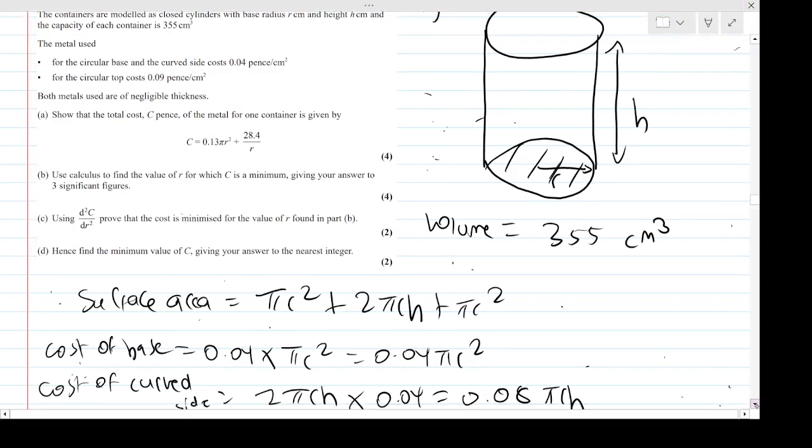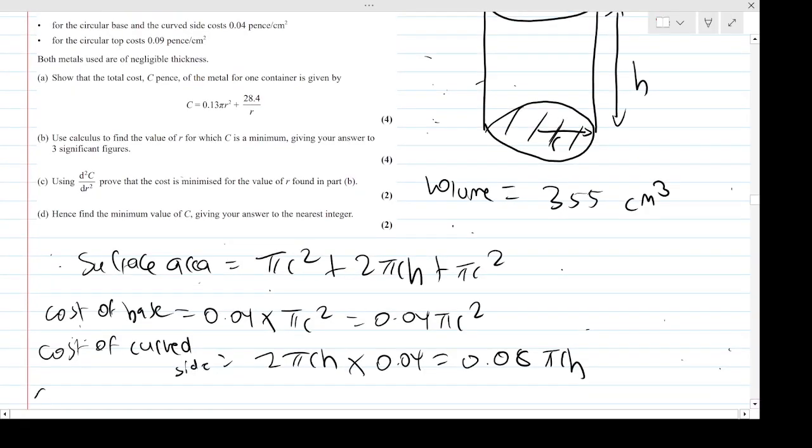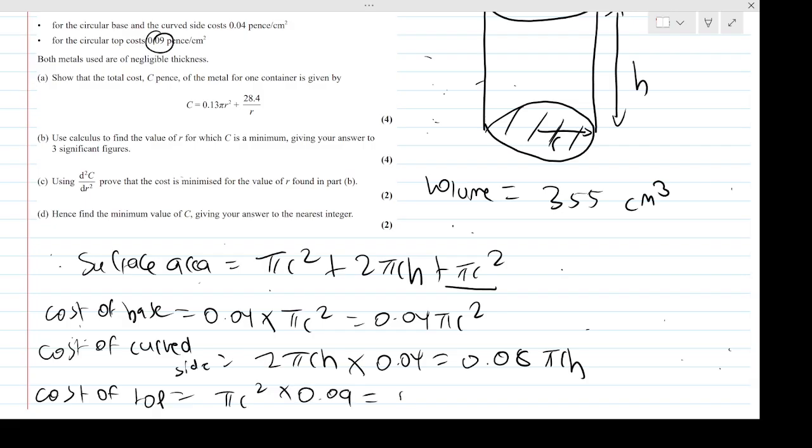So the total cost of the top: the top again has an area of pi r squared, but then the cost per area is 0.09. So we times that by 0.09 to get the total cost, 0.09 pi r squared. And there we are.